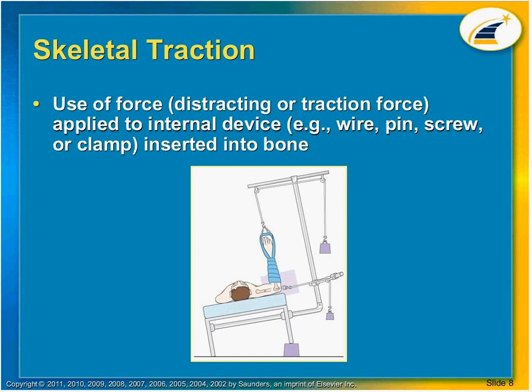The skeletal traction device uses force, for instance a distracting or traction force, applied to an internal device such as a wire, pin, screw, or clamp that is inserted into the bone. As you can see on the bottom portion here, let me move this a little bit.